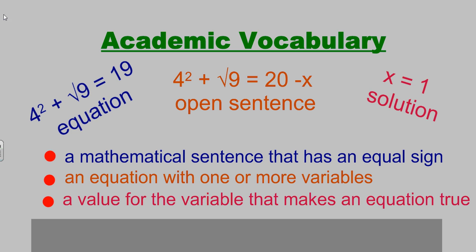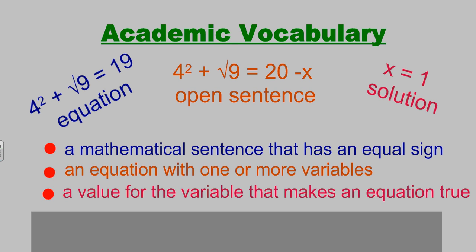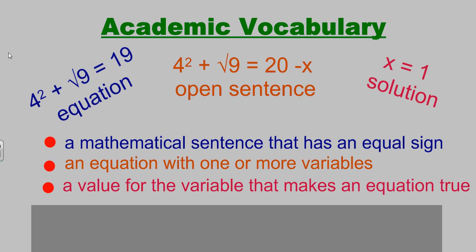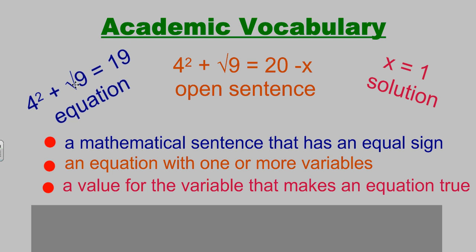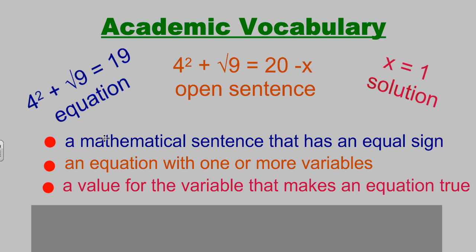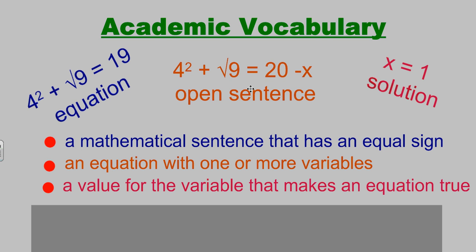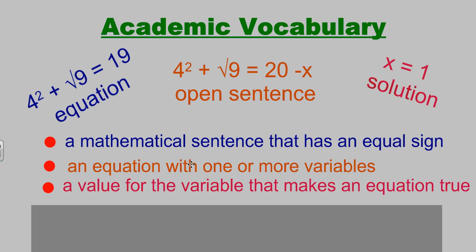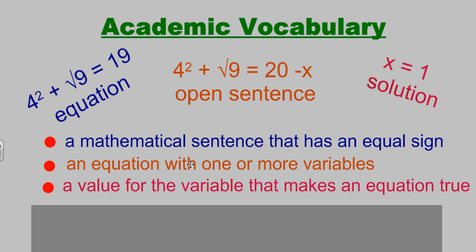All right, first we need to look over some academic vocabulary terms. We have here an equation, and an equation is a mathematical sentence that has an equal sign. Here you can see 4 squared plus the square root of 9 equals 19. Next one we have an open sentence. An open sentence is an equation with one or more variables.